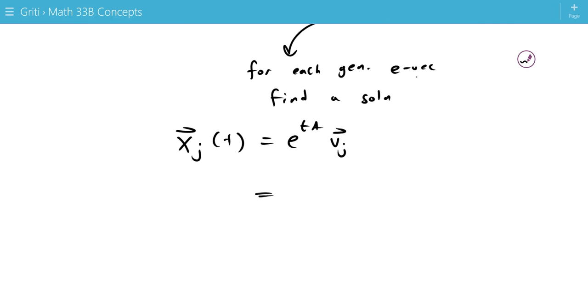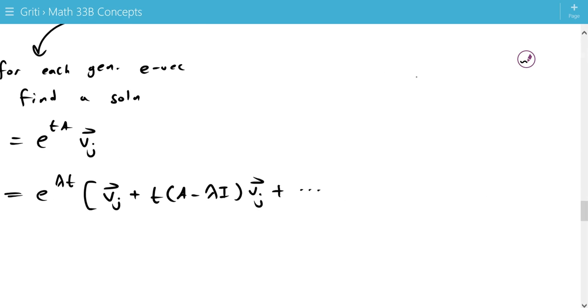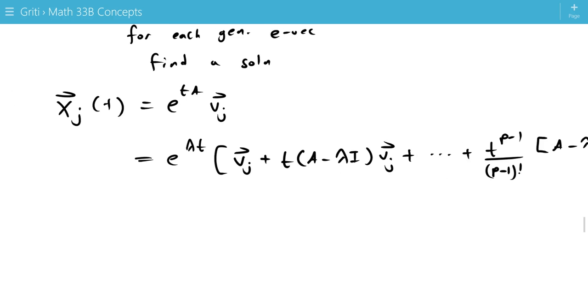And this will simplify to e to the lambda t times vj plus t (A minus lambda I) vj plus t to the p minus 1, where p is that smallest integer we can find, divided by p minus 1 factorial times (A minus lambda I) to the p minus 1 times vj. And that's what our solutions will take the form of.